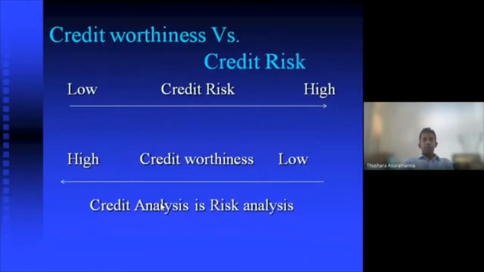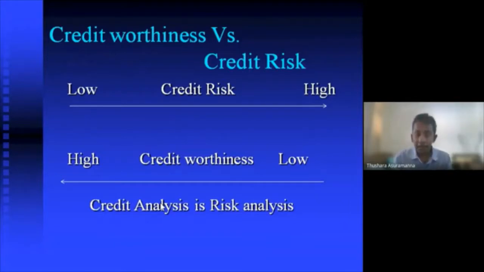Right. Then credit worthiness versus the credit risk. Earlier we were using a couple of models, 5Cs, 6Cs, to assess the customer's credit worthiness. And for corporate and commercial credit evaluations also, we use some methods to understand customer or business credit worthiness.